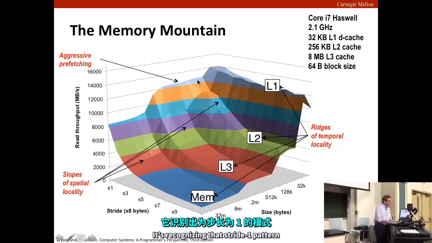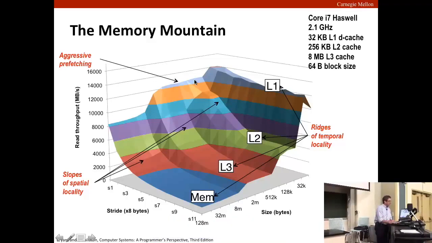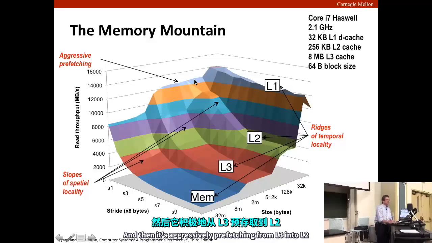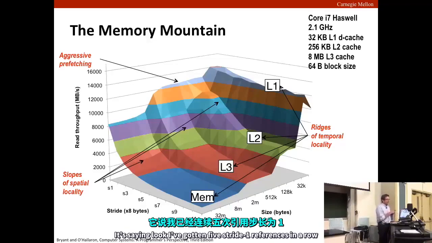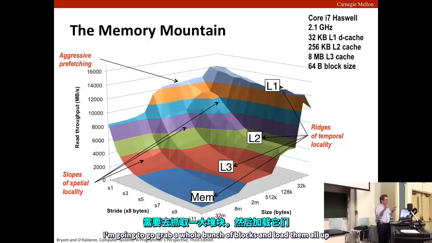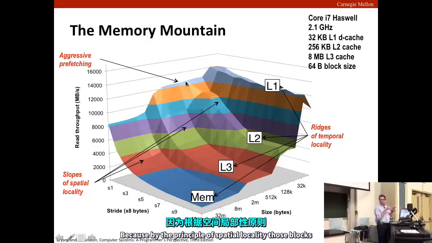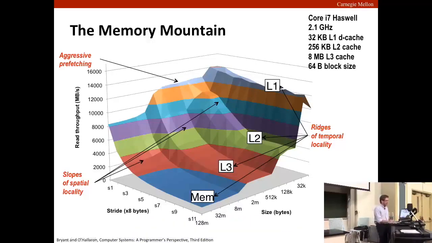It's recognizing that stride 1 pattern, and then it's aggressively prefetching from L3 into L2, so it's fetching ahead of time. It's saying, look, I've gotten 5 stride 1 references in a row. I'm going to go grab a whole bunch of blocks and load them all up, because by the principle of spatial locality, those blocks are going to be referenced in the near future.